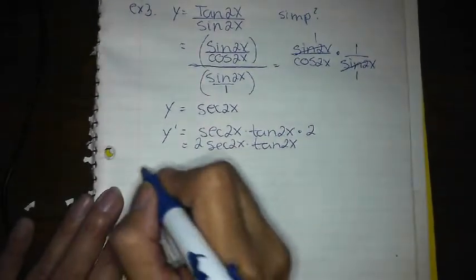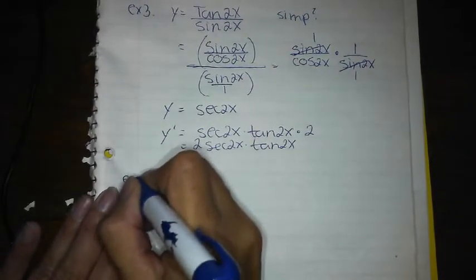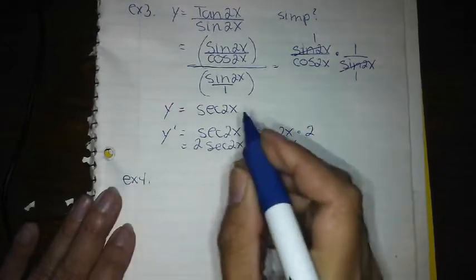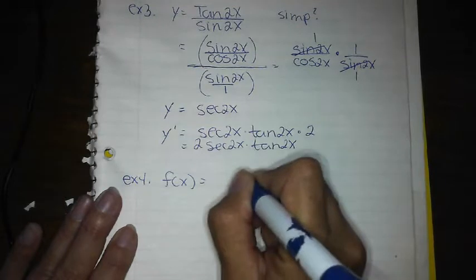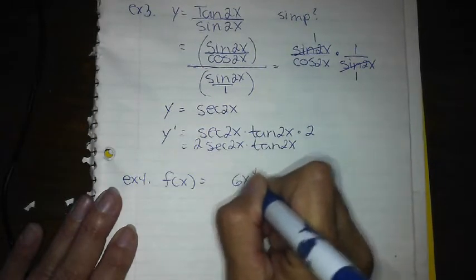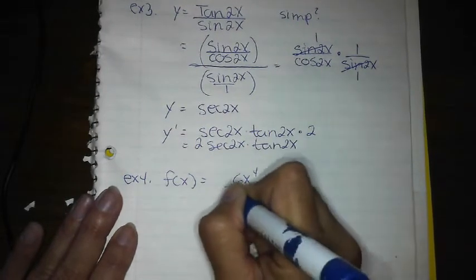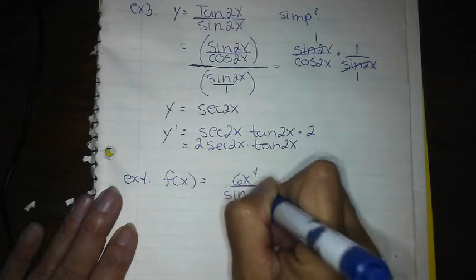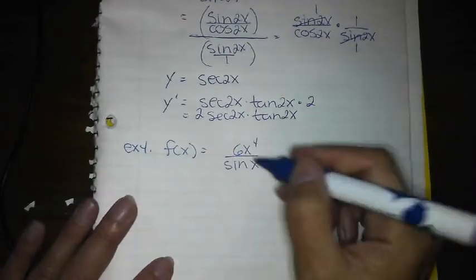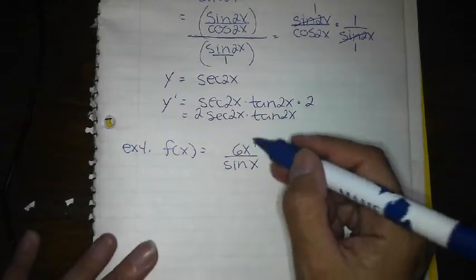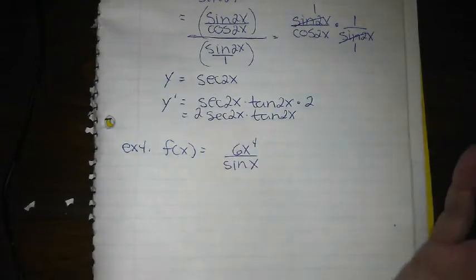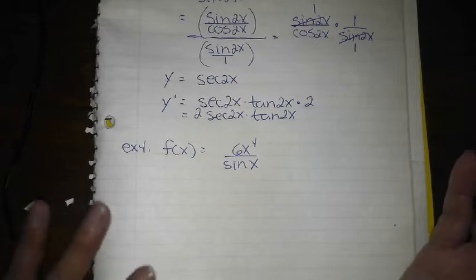Okay, number 4. F of x equals 6x to the 4th over sine x. Okay, does not have multiple trig functions, so no simplifying. I do see x divided by x, so it's just an old quotient rule.